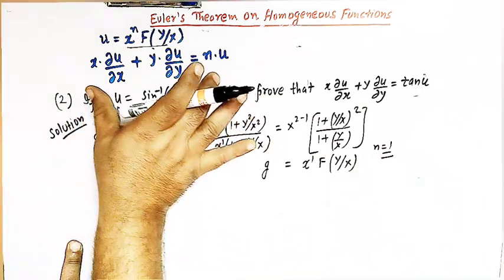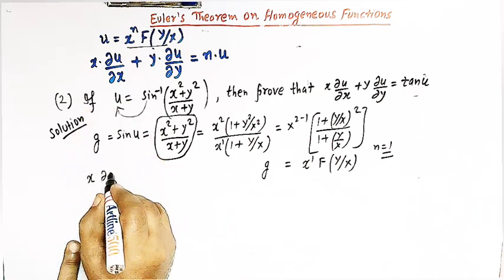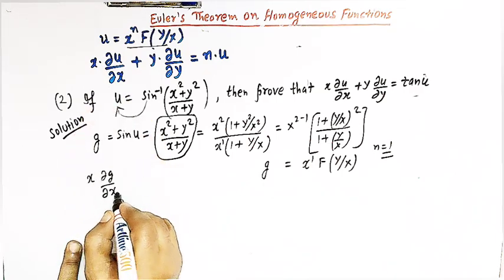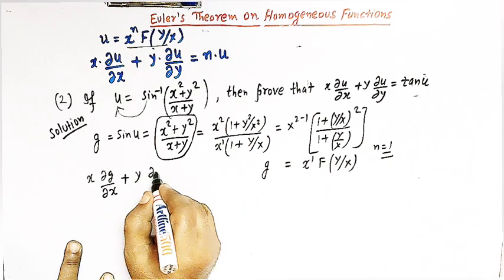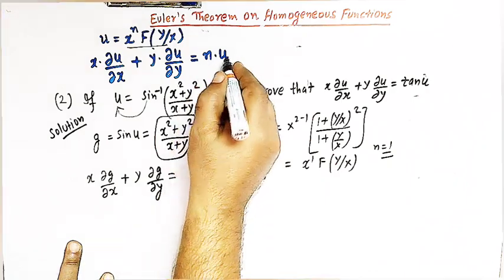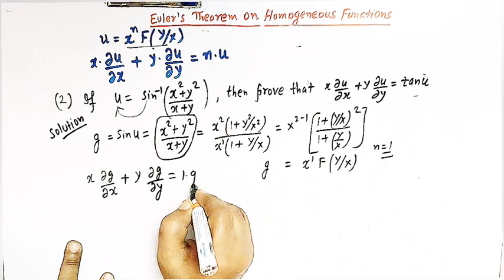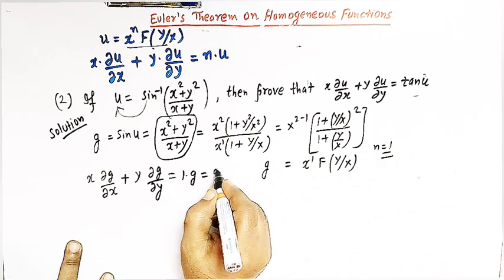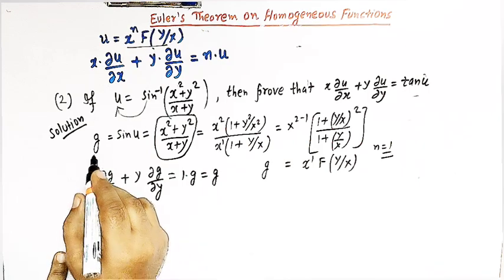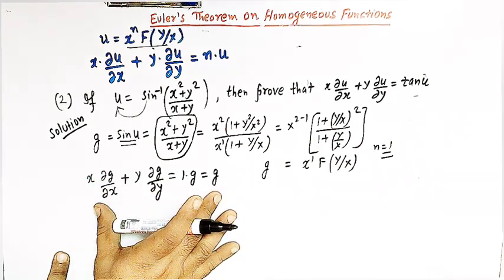So by Euler's theorem, we can now write x times del g over del x plus y times del g over del y is equal to n times g. So n is 1, so we have 1 times g, that is equal to simply g, right? So let us substitute g is equal to sine u in this equation.